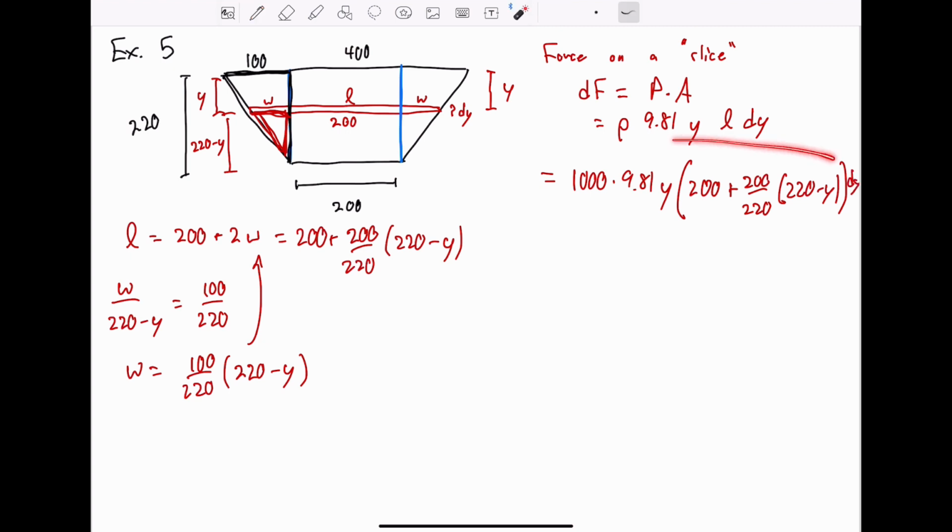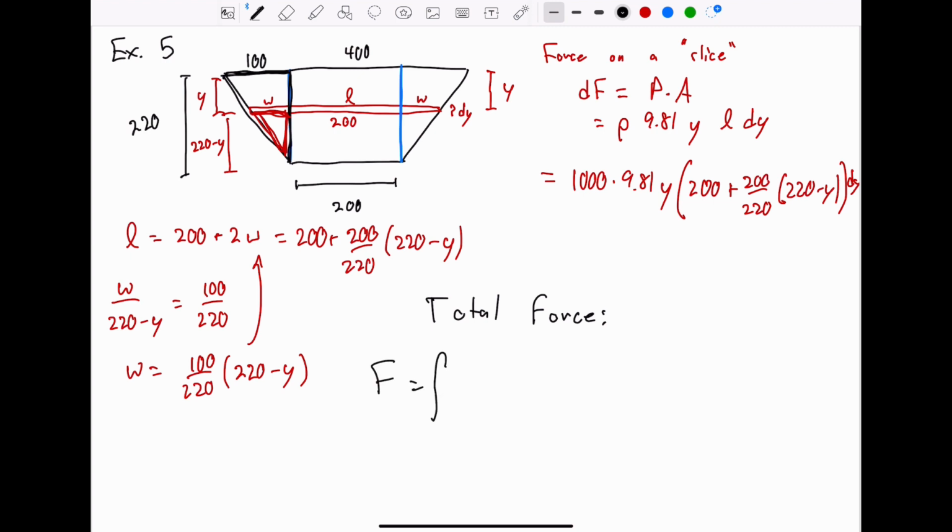This expression is the total force on a representative slice of the dam. So the total amount of force for the entire dam is the integral of all these representative slices. So we integrate 1,000 times 9.81 times y times 200 plus 200 over 220 times 220 minus y, integrating with respect to y.